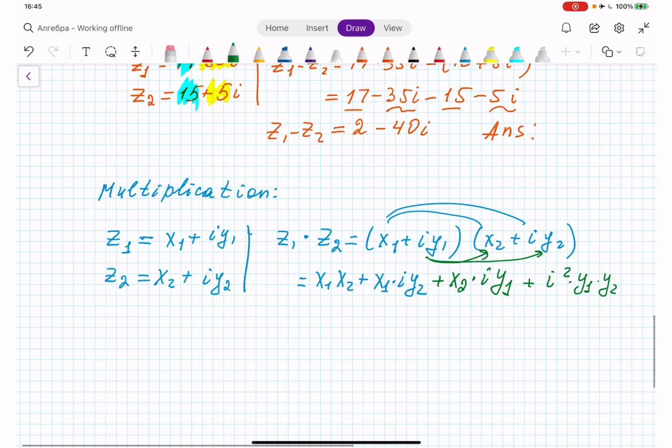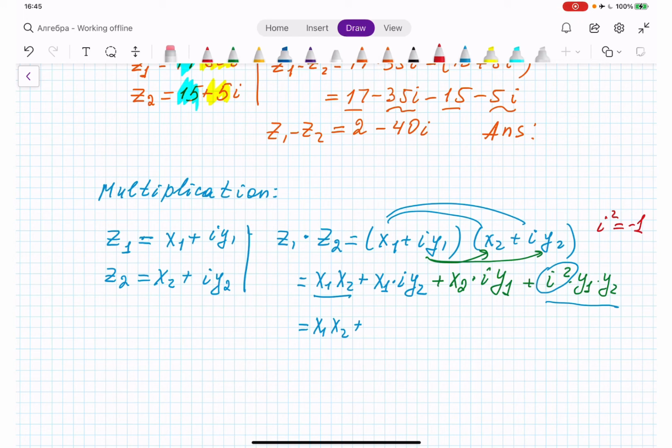Okay, so the result is going to be the following: x1 x2 minus, where is the whole portion? This one. So this is a real number and this is going to be a real number, with the difference that i squared, right? We know that i squared is equal to -1.